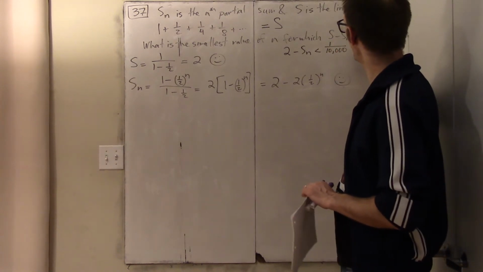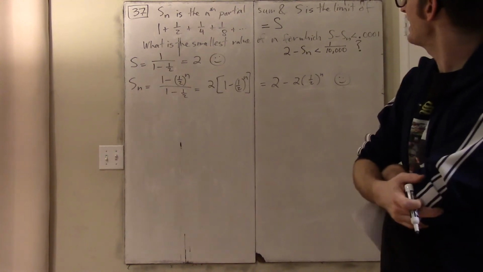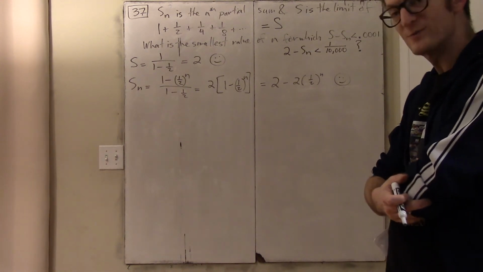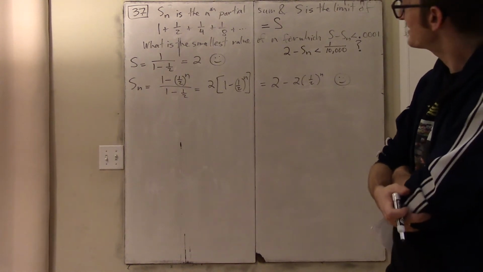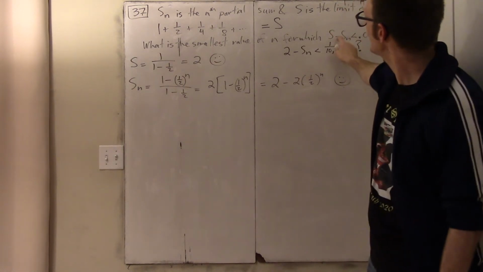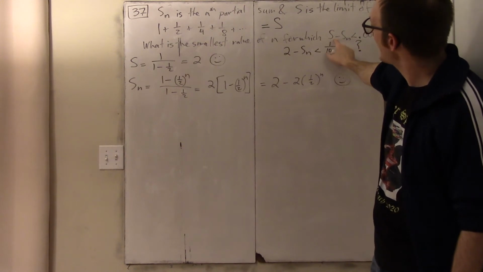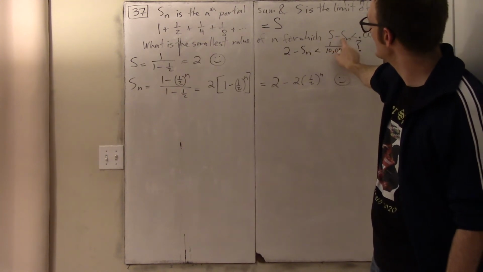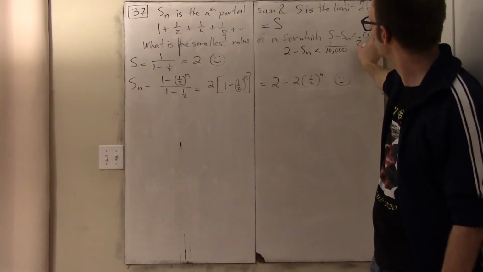Okay, that's what they're asking. Well, does this sound like anything to you? This sounds something like a challenge. They're saying, I dare you to make the gap between S and S sub n less than 0.0001.